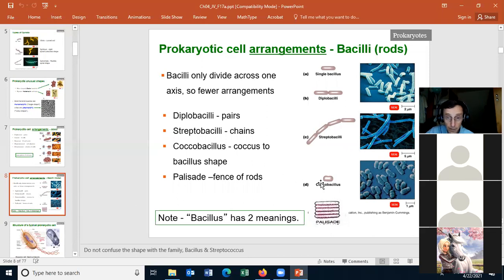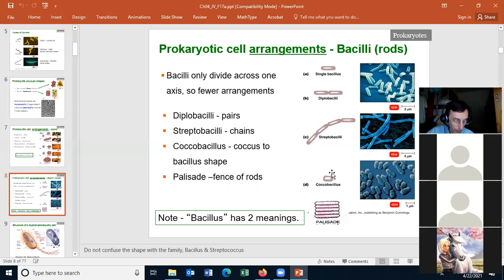Now there's something I want to talk about here, and that is a coccobacillus. This is a shape in between a coccus and a bacillus. So if you have a round bacillus, which is rounded on the ends, and you get it smaller and smaller, you end up with what we call a coccobacillus. There are a few species of bacteria which are coccobacillus.